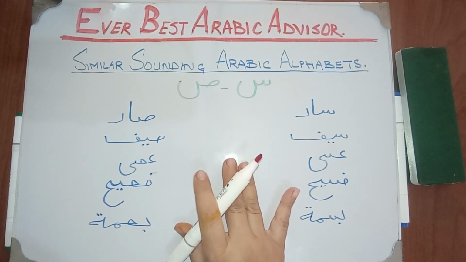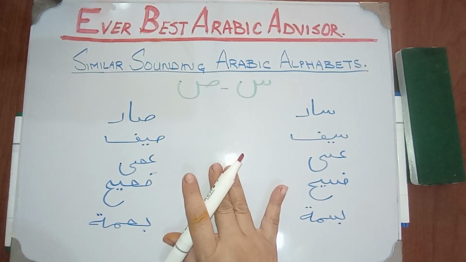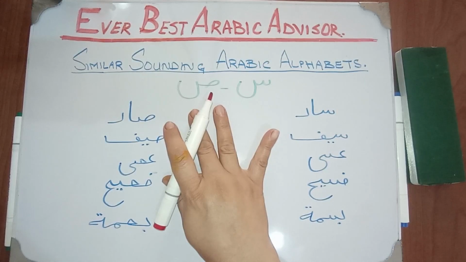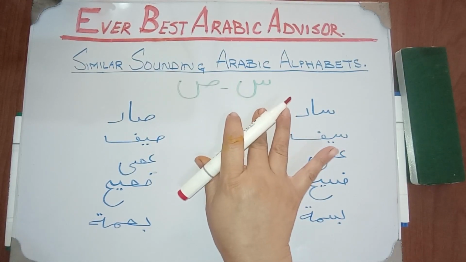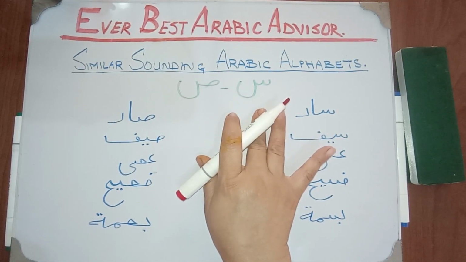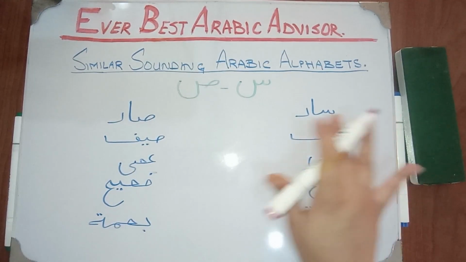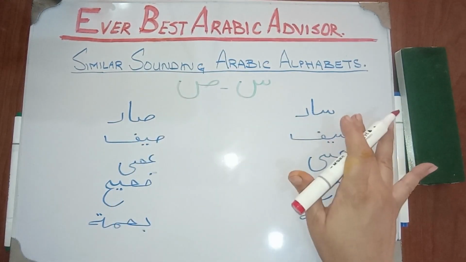The difference between Sin and Sod is that Sin is a light letter and Sod is a heavy letter. Light letter Sin, heavy letter Sod. Sar, Sor.